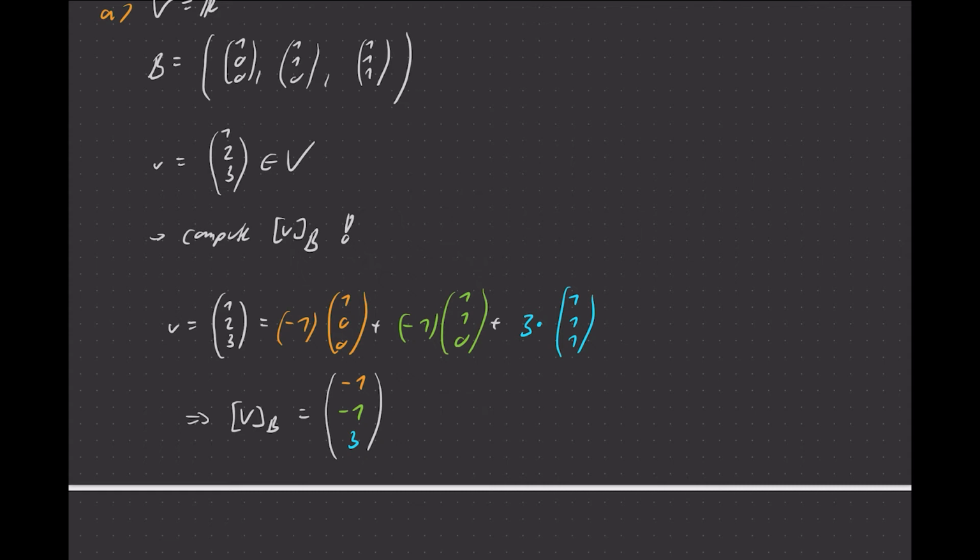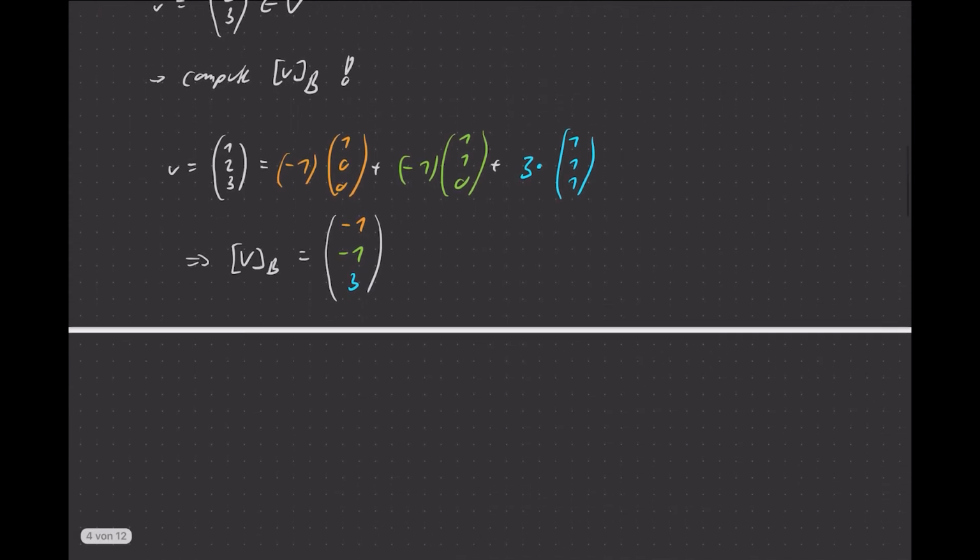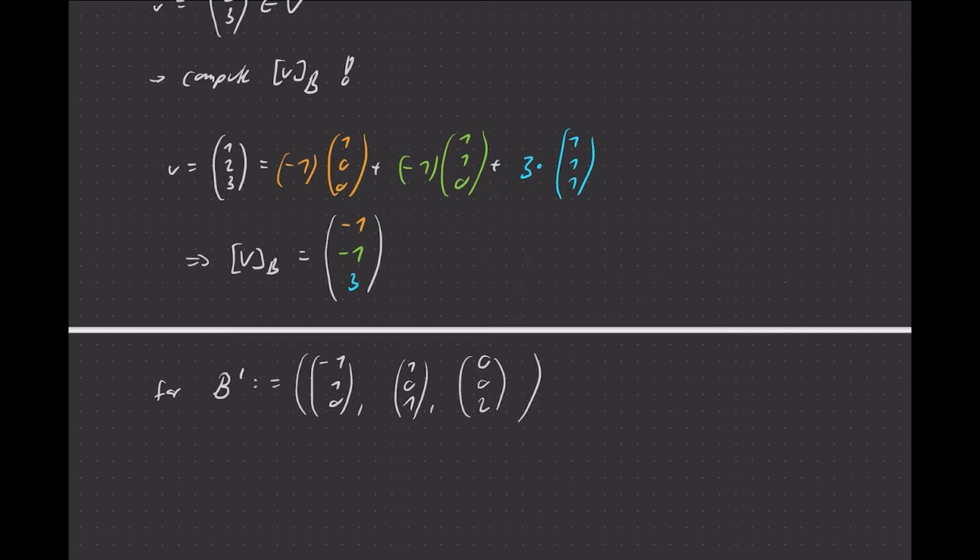And again, that depends on the choice of bases. Let's choose a different basis. So if we choose, let's say, B prime to be (-1,1,0), (1,0,1), and (0,0,2), then for the same vector, we get a different representation.